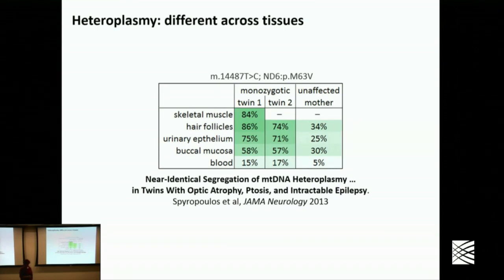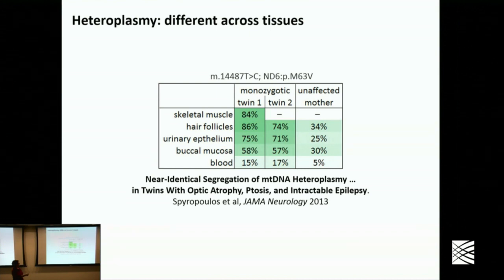One of the interesting things that has emerged in the last couple of years is that this heteroplasmy, the mutant load, is different across tissues, and it's different across tissues in the same way. This is a beautiful study of a monozygotic set of twins with a deleterious allele, shown here.